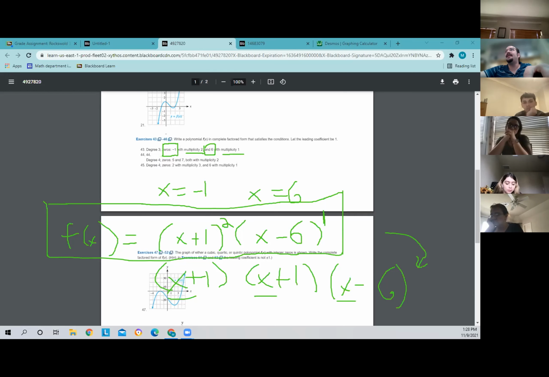It's a possibility they might ask for it in expanded form, right? But they don't really say here. They just say, give me a polynomial in complete factored form. There it is. And so they actually ask for it specifically in this form.